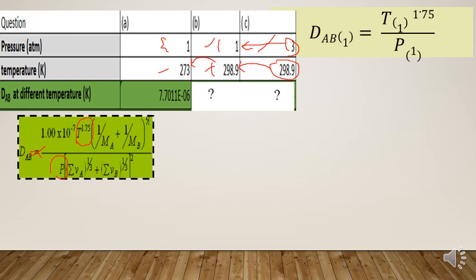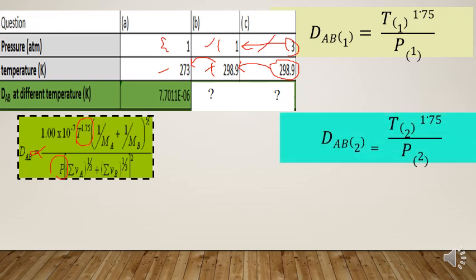If we have a second condition, for example condition B, we want to determine the DAB2 at condition B. If you compare question A and question B, the difference is only in terms of temperature. The pressure has no difference.